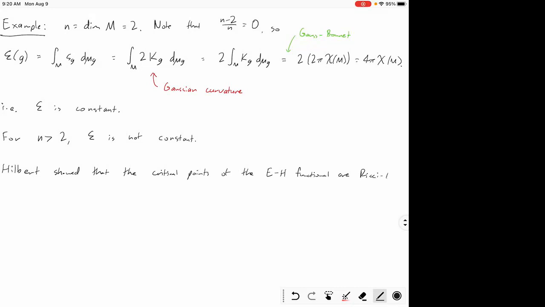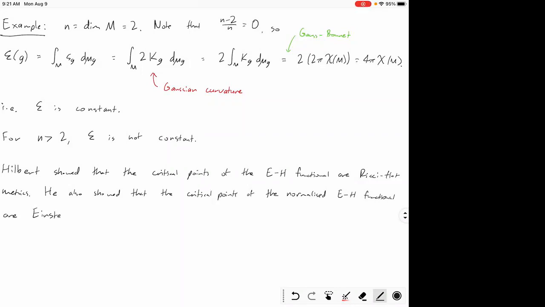So they're the Ricci flat metrics. He also investigated this normalized Einstein-Hilbert functional. So they're no longer Ricci flat metrics.